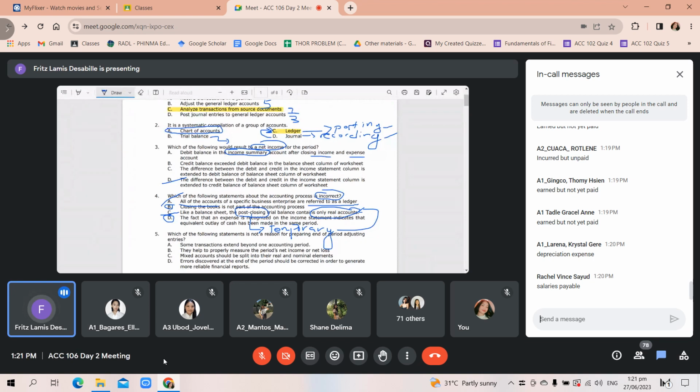The answer here is letter D, per the answer key. Letter B, I'll revisit because I think there is something in the wording. Closing the books.